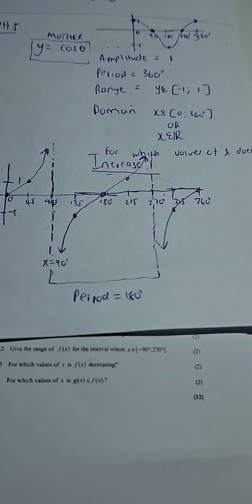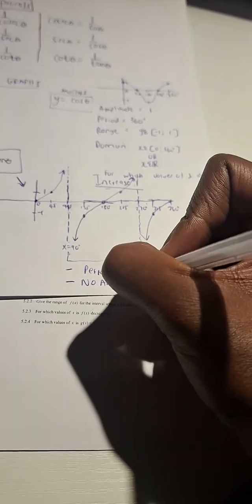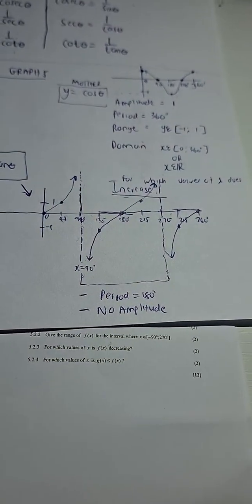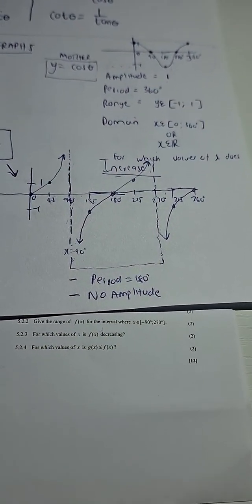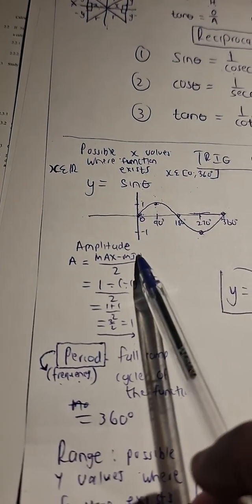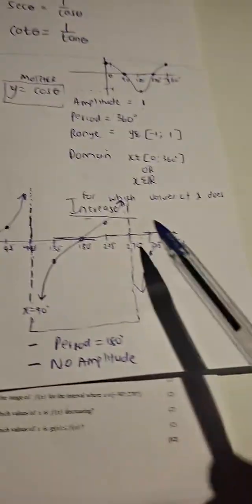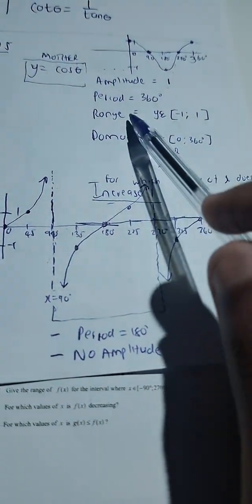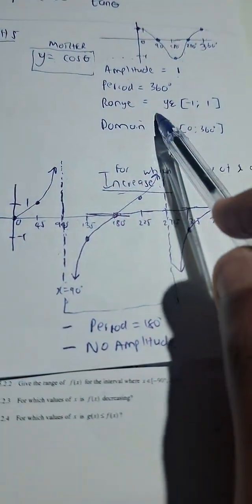It's 180 degrees. Additionally, does the tan graph have an amplitude? The tan graph has no amplitude. Maybe you're going to ask yourself the question, why? Remember, what did we say amplitude is? The maximum minus the minimum. What is the maximum of the tan graph? There is no maximum.